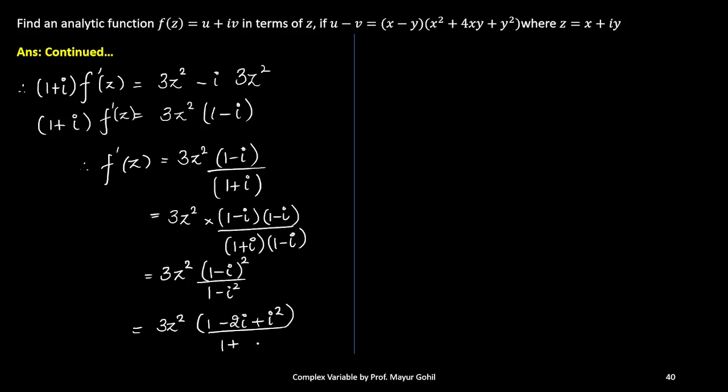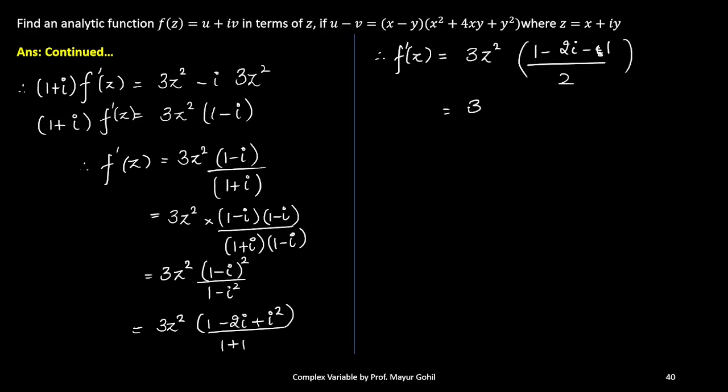So it is 1 plus 1 over here, and therefore f dash of z is equal to 3z square, and then there is 1 minus 2i, minus minus 1, divided by 2.